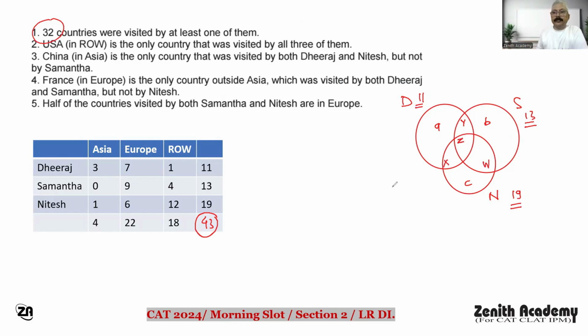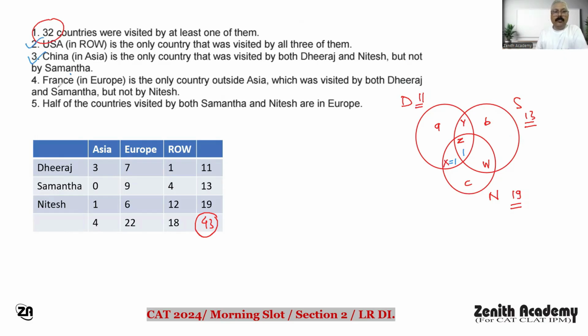Correct. So now see. Here Z is equal to 1. Where did all three go together, only and only? Rest of the world, US. China in Asia is the only country that was visited by both Dheeraj and Nitesh, but not Samantha. So X is 1.